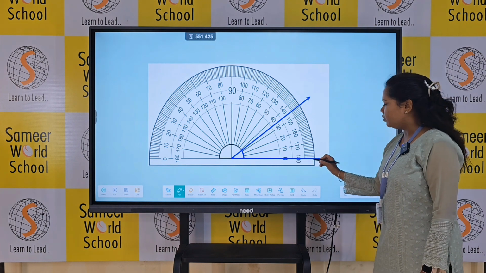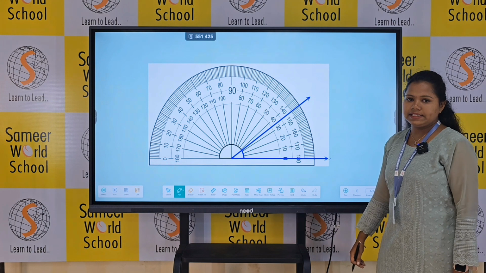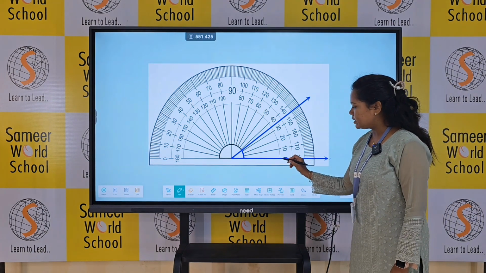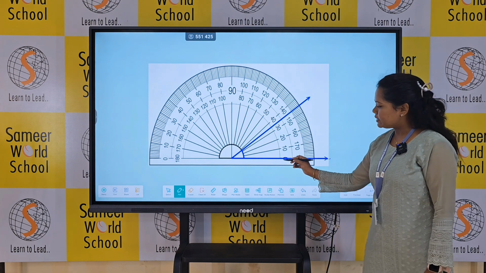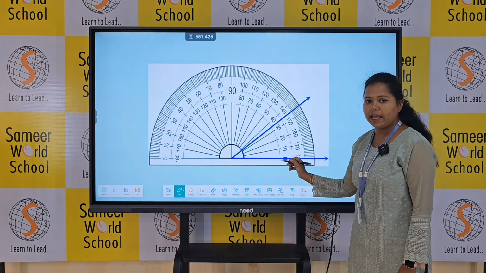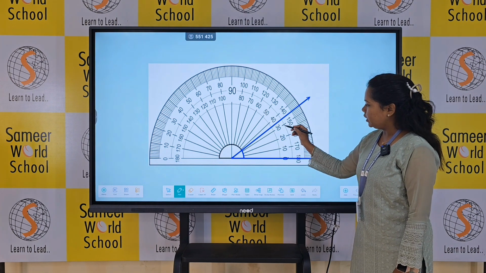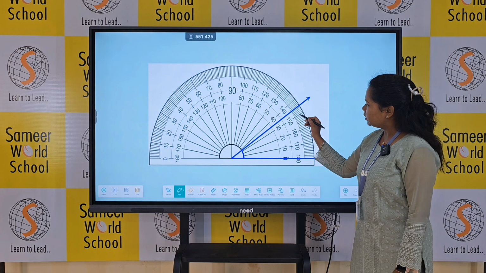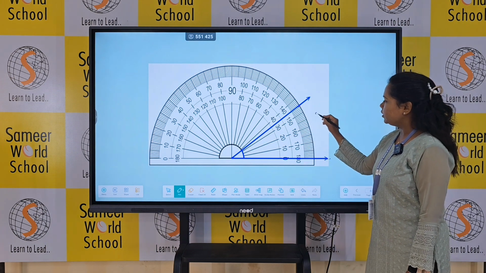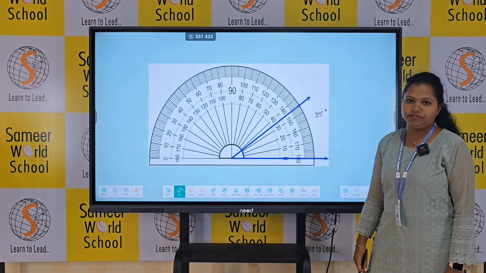The horizontal arm of the angle is pointing towards the right hand side. That's the reason we look on the right hand side for which scale is having the 0. We can see the inner scale of the protractor having the 0. So we will start measuring the angle from 0 degree. So 0, 10, 20, 30, and after the 30 it's just covering 5 smaller lines. So it means 35 degree.